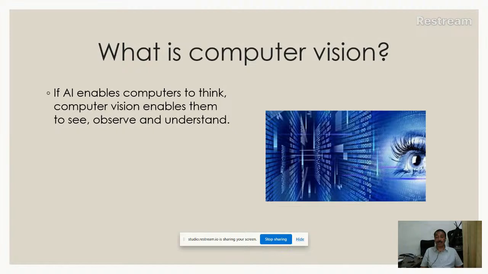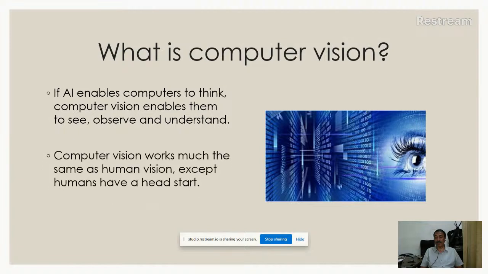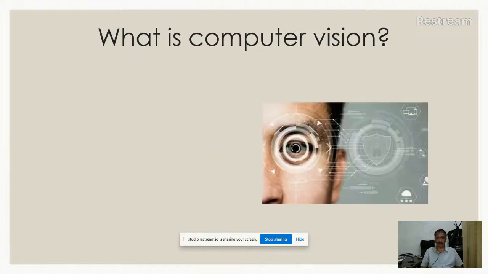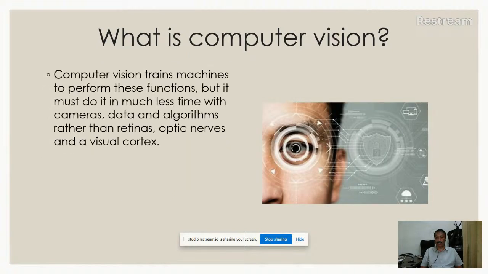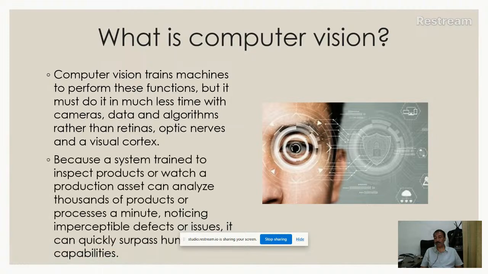If AI enables computers to think, computer vision enables them to see, observe, and understand. And computer vision works much the same as human vision, except humans have a head start. So, what is computer vision? It trains machines to perform this function, but it must do it in much less time with cameras, data, and algorithms rather than retina, optic nerves, and visual cortex like human beings possess.